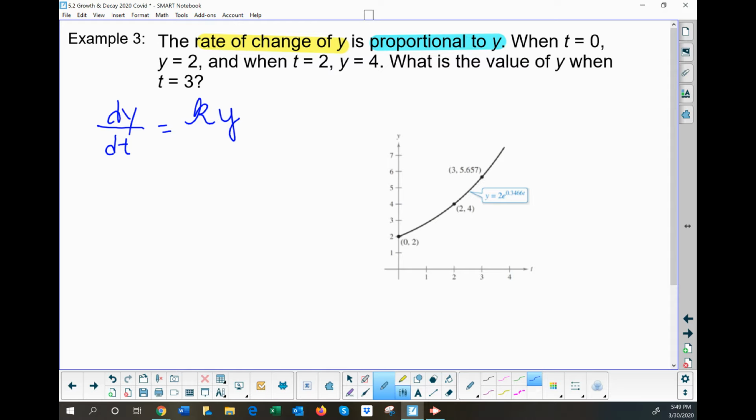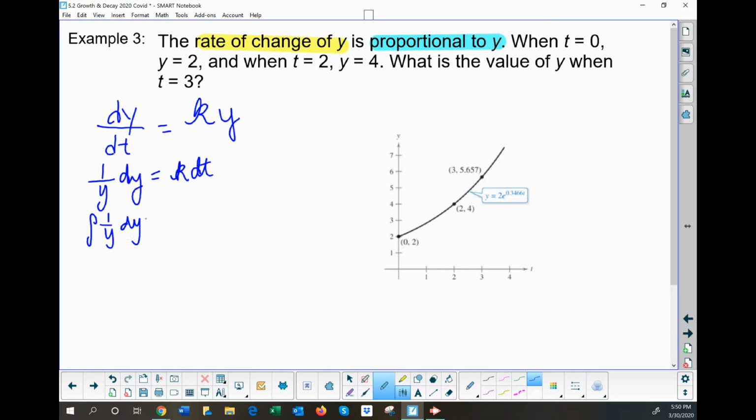To separate my variables, it's going to be 1 over y dy is equal to k dt. I moved the y. I want to integrate both sides, so I'll come through and go 1 over y dy is equal to the integral of k dt.